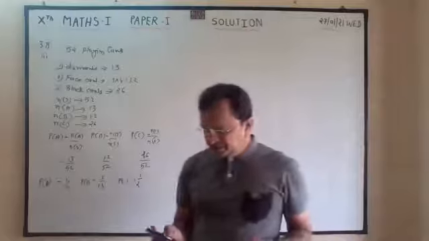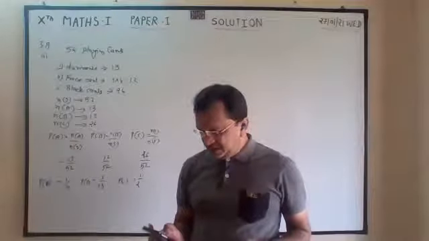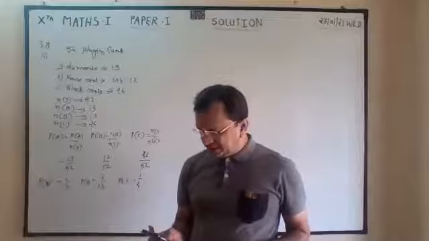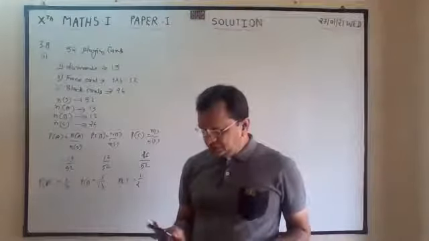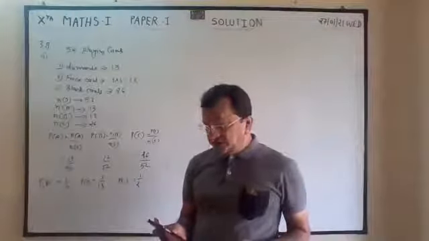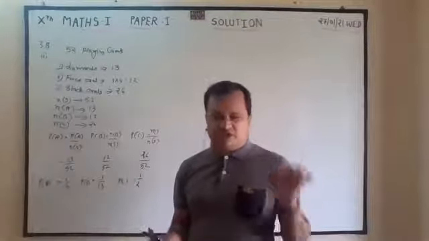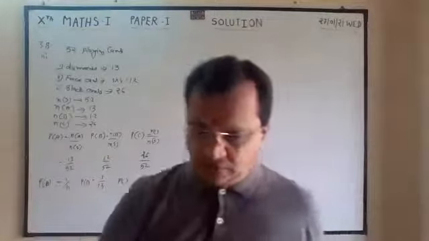The sum of three consecutive numbers of an AP is 36. Their product is 1140. Consider the terms in decreasing order, not in increasing order. So, how to consider?